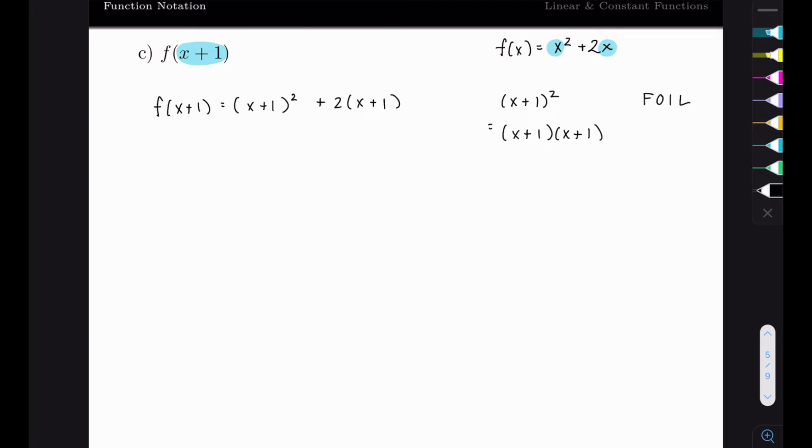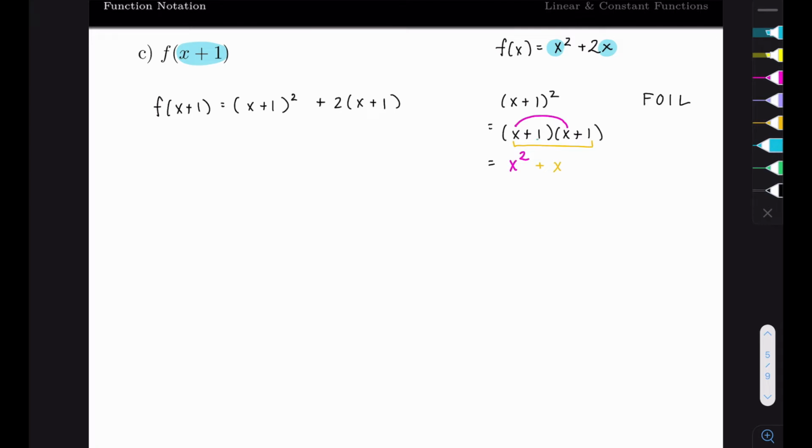Remember, F stands for the first terms, so we multiply the first terms. That gives us x times x, which is x squared. The O stands for the outer terms, so we have 1 times x, which just gives us x.